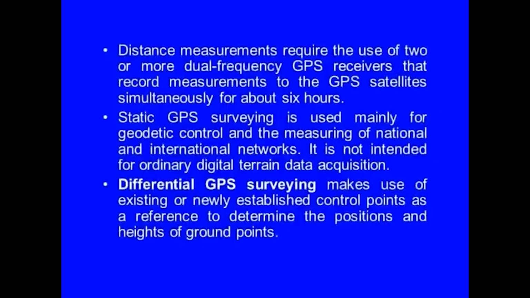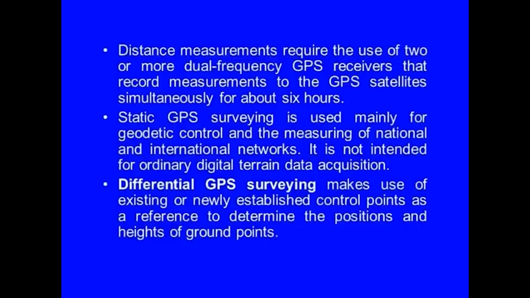Distance measurements require the use of two or more dual frequency GPS receivers that record measurements of the GPS satellites simultaneously for about 6 hours. Static GPS surveying is used mainly for geodetic control and the measuring of national and international networks. It is not intended for ordinary digital terrain data acquisition.